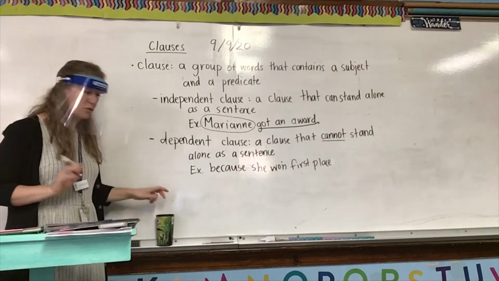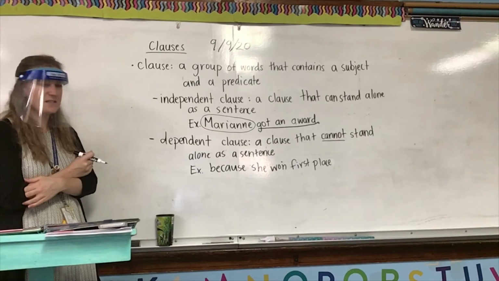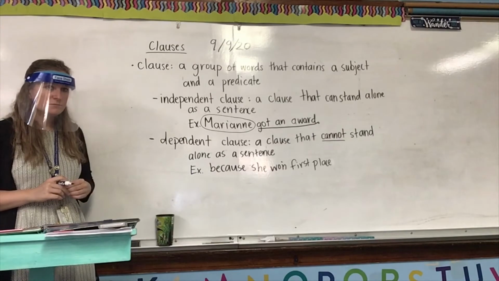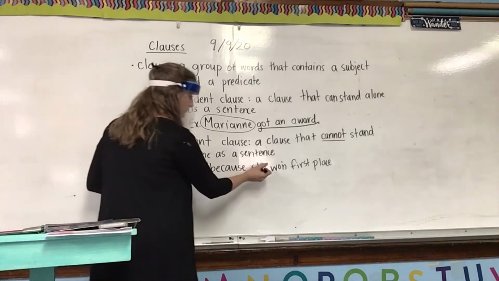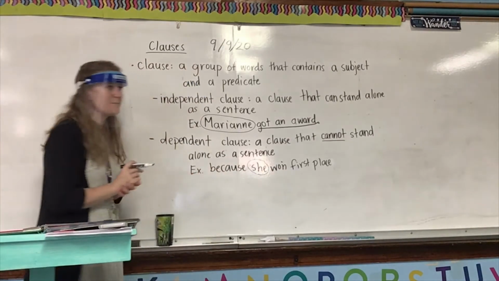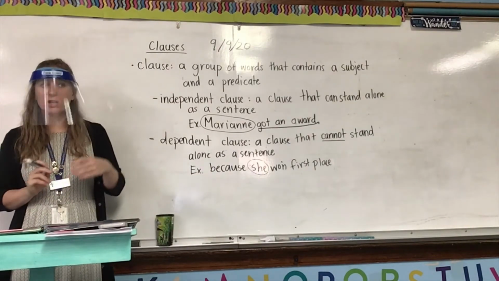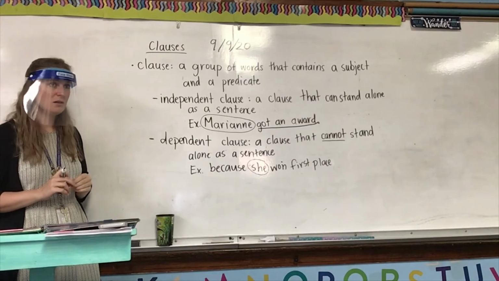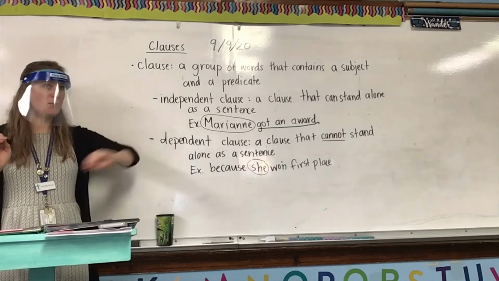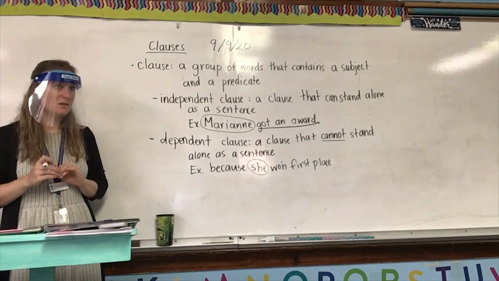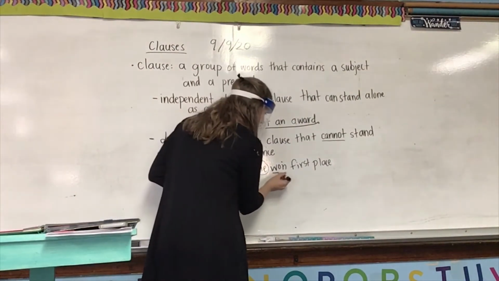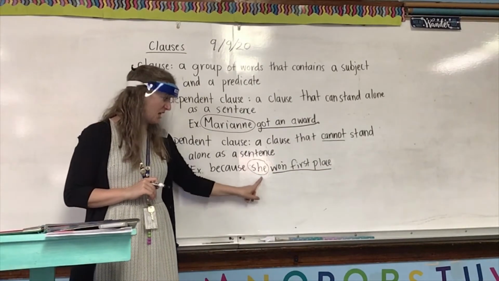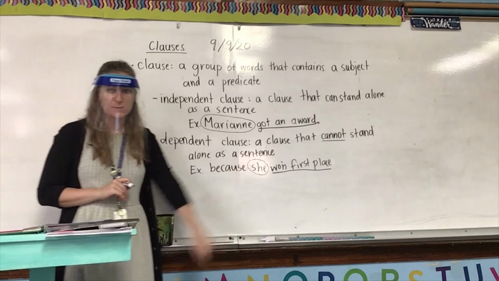Who or what is doing something or is something in this sentence? She is the subject. What did she do, or what is she? What's the predicate? The whole predicate, the complete predicate: won first place. So we have a subject, she, and we have a predicate. What did she do? She won first place.